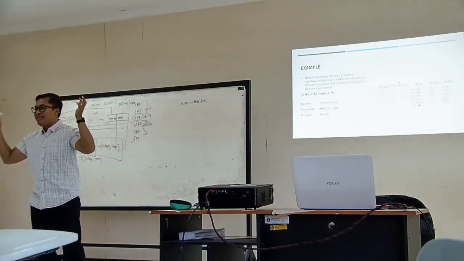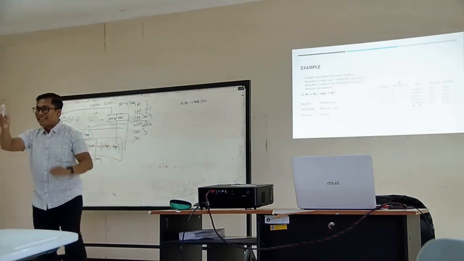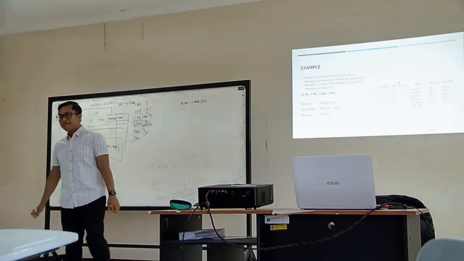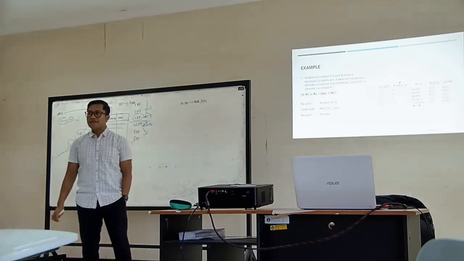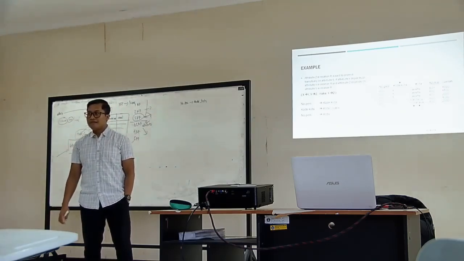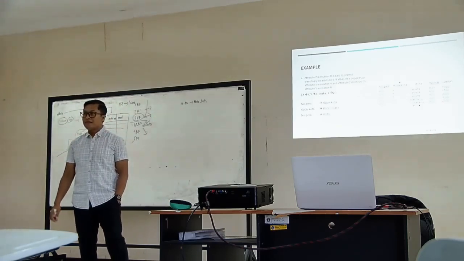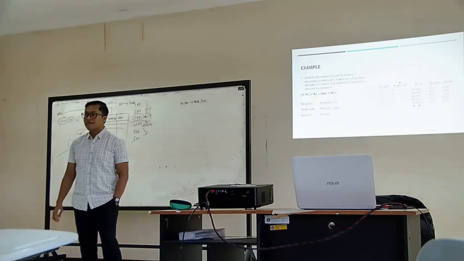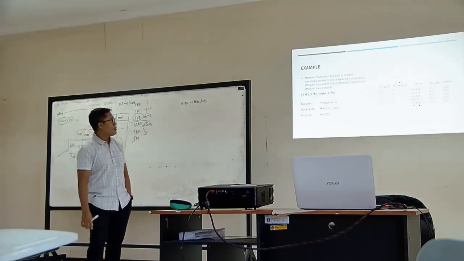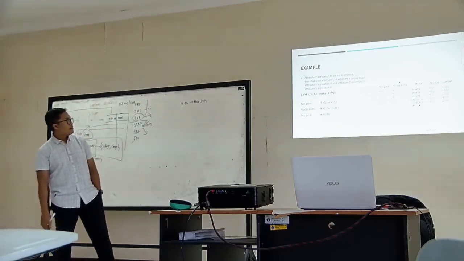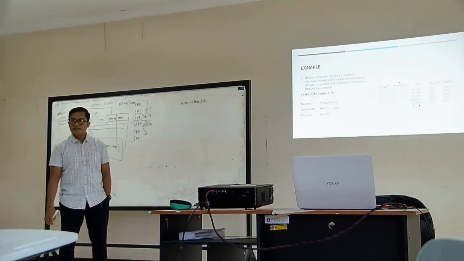Because nomor pembeli basically determines the kode kota, and then the kode kota itself, we see that if the kode kota is 1, the kota name will be Jakarta, and if the kode kota is 3, it will be Bandung, and then if the kode kota is 2, it will be Surabaya. So that's just one possibility for each of the kode kota.